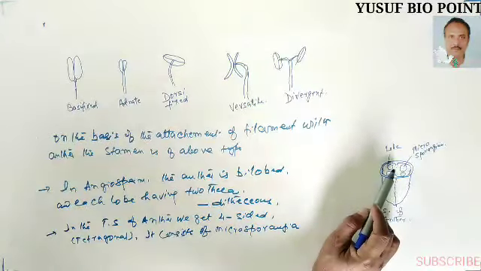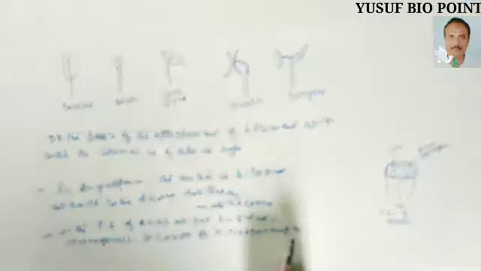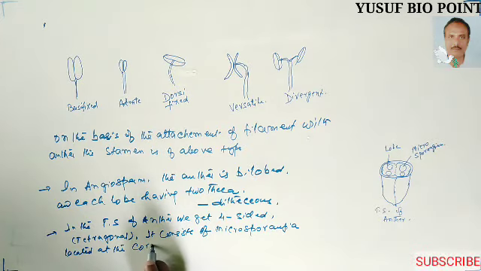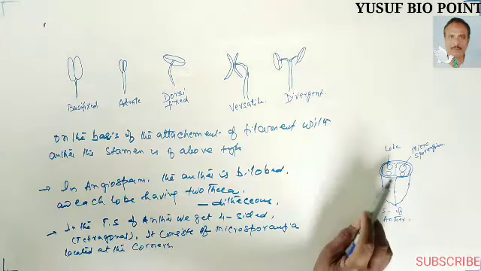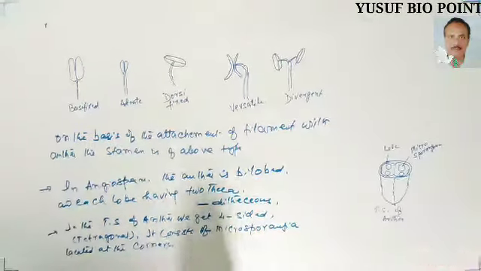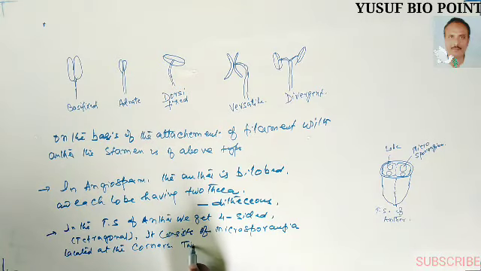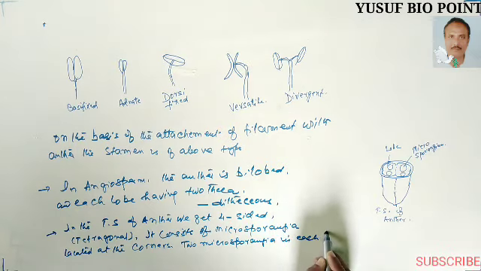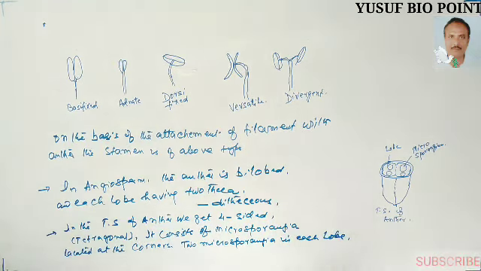These are the microsporangia that are found located at the corners, and two microsporangia in each lobe we get. Thus a structure.